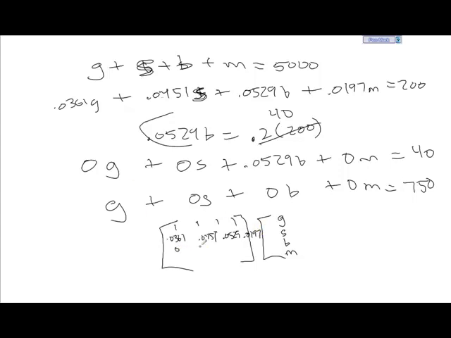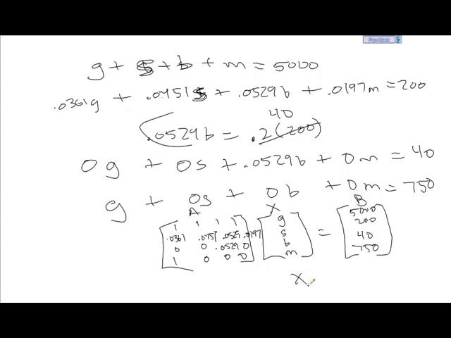And then we have 0, 0, 0.0529, 0, and then we have 1, 0, 0, 0 times this. So there's our A, our X matrix equals our solution matrix, which is 5,000, 200, 40, and 750. And that's our B matrix.